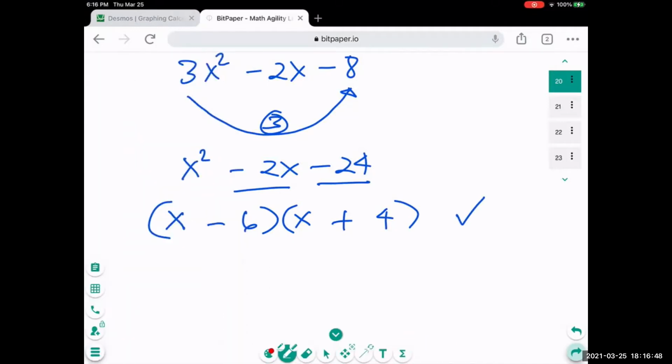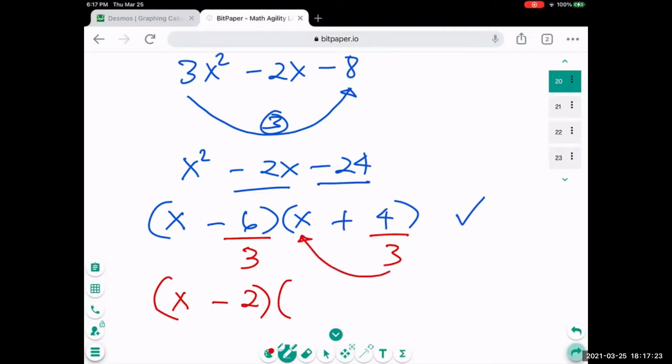So, itong 3, i-divide natin both constant doon sa two terms ng ating factor. Right? So, as a rule, ipoproceed lang natin yung division kapag divisible siya doon sa number. So yung since yung 6 divided by 3 is divisible, so we proceed with it. So 6 divided by 3 is 2, right? So yung pag hindi siya divisible, katulad nito, 4 divided by 3, hindi siya divisible, ang mangyayari, i-slide back natin siya doon sa variable x.